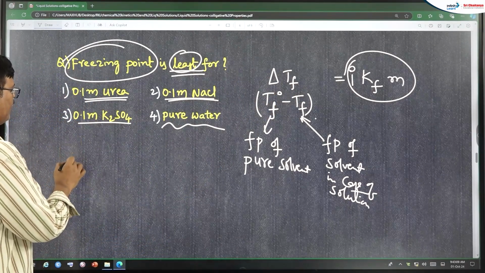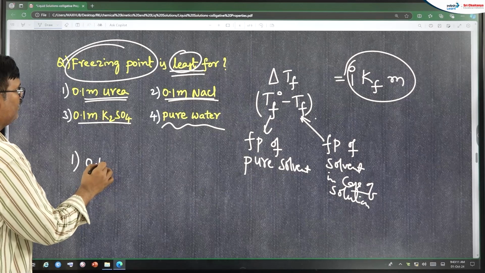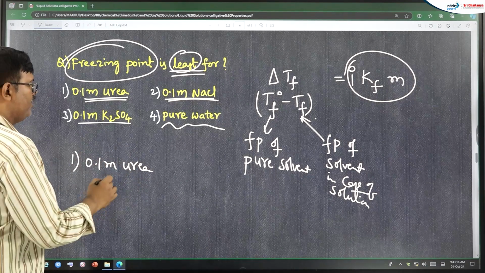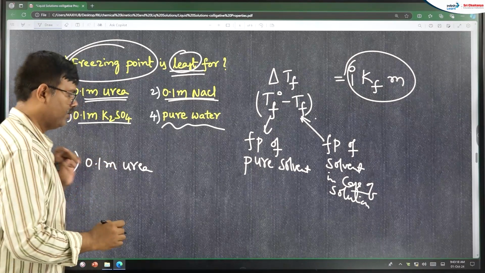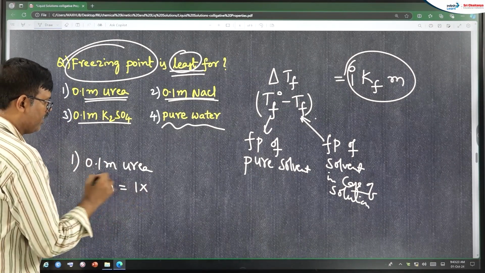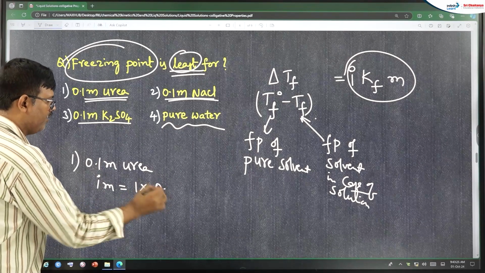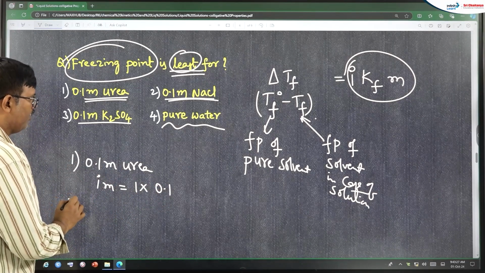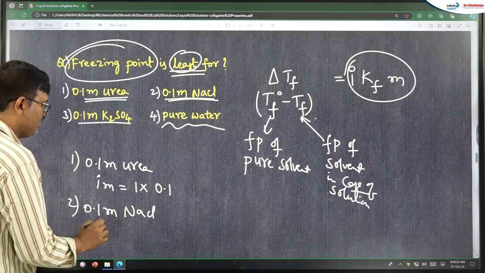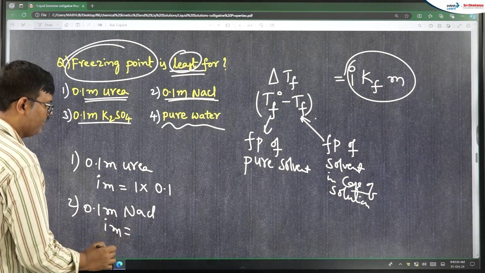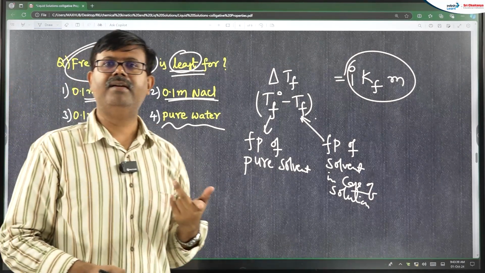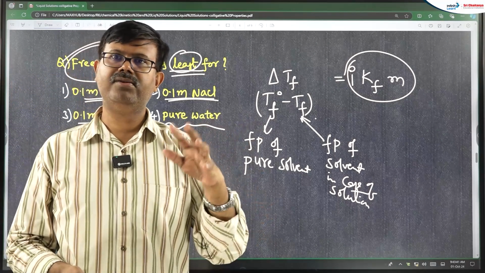Okay, so first option let's take 0.1 molality urea. So urea has Van 't Hoff factor 1. So i into m value will be, Van 't Hoff factor is 1, molality is 0.1. Second option, 0.1 molality NaCl. Here if you calculate i into m, i is what for NaCl? NaCl, 2 ions are there, means Van 't Hoff factor also 2.